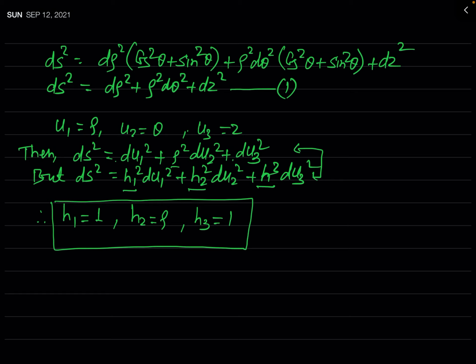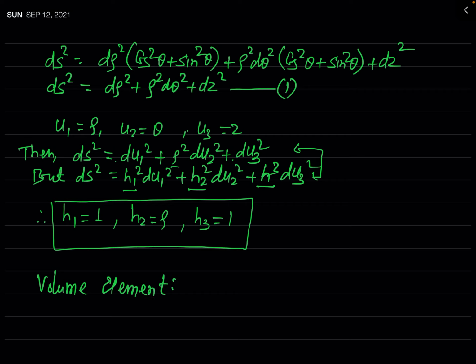Now once you know the value of scale factors in a particular coordinate system, you can easily find the expressions for volume element, gradient of a scalar function, divergence and curl of a vector function, and the expression for Laplacian. You can easily evaluate them from the general expressions for these quantities. So now let us evaluate all these things separately. First, we will evaluate the volume element in the cylindrical coordinate system.